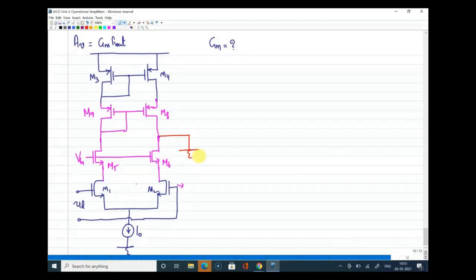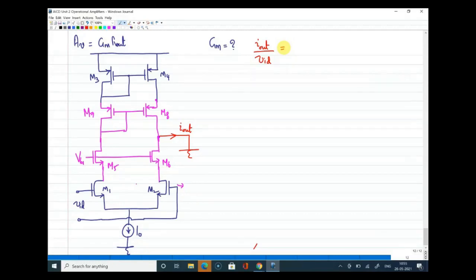So we will short the output to ground, and I'll take a current here and mark it as I out. Now, if I can find I out by Vid, that is my short circuit transconductance, Gm. If you remember, I told that when the number of transistors increases, we will not replace the circuit with its equivalent by drawing the small signal equivalent circuit of the transistors.